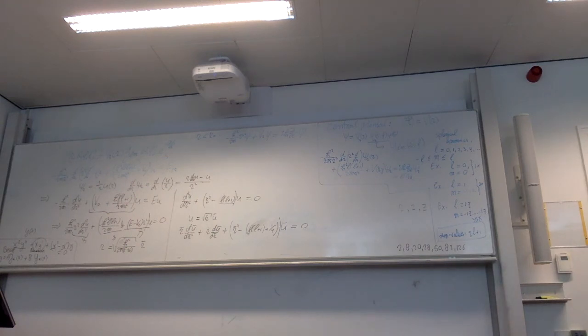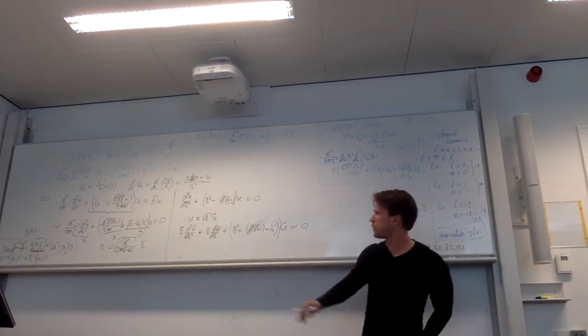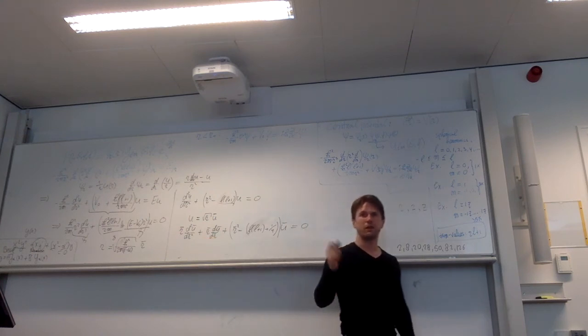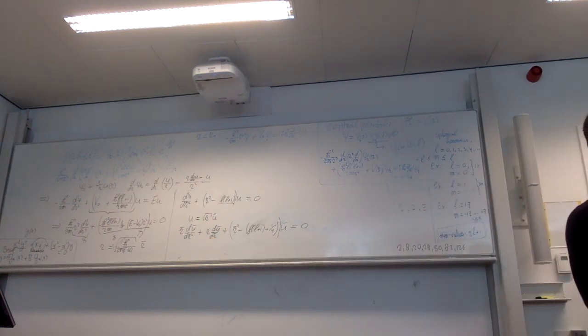You will find that there's another 1 over 4 that appears now all of a sudden. That's because of the derivatives. This product rule will also give you some additional terms except for the one that I wanted. And it turns out that that one is going to be 1 over 4. If you do the algebra, the differentiation, you will find that this is the case.